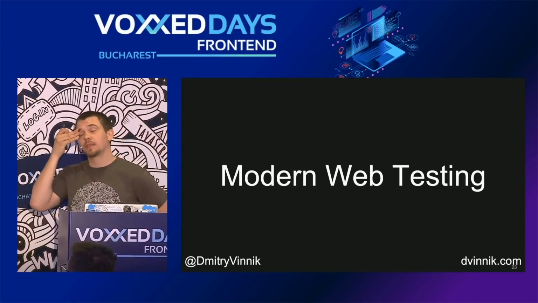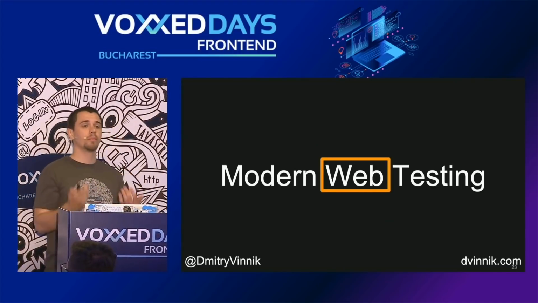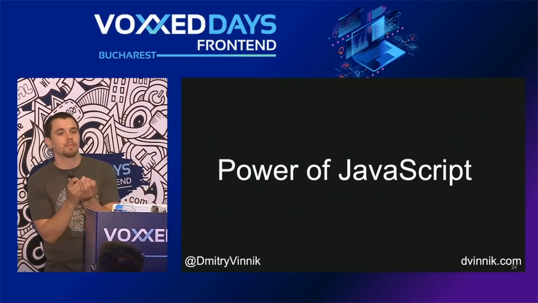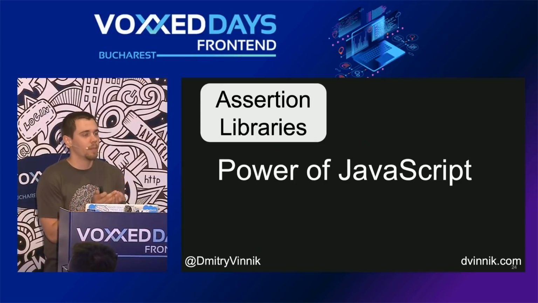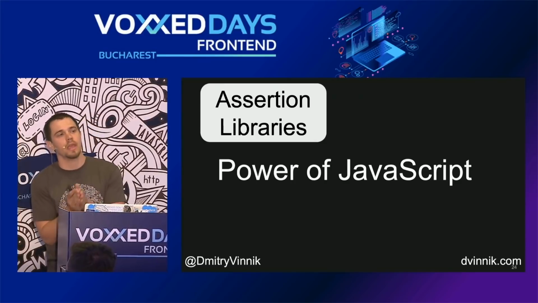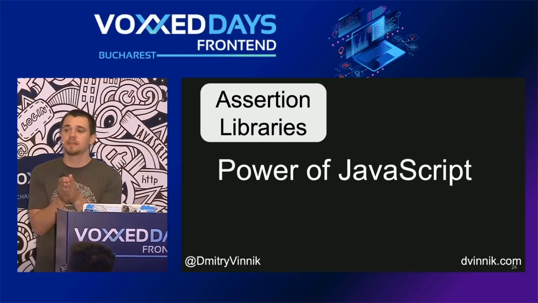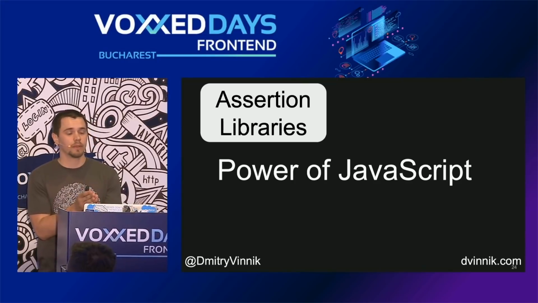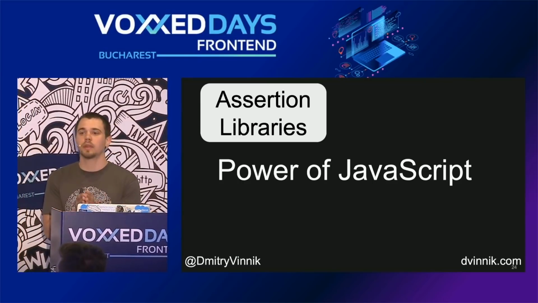I'm trying to highlight, just from the title itself, that I've called it modern web testing. When it comes to web, it's important to acknowledge the power of JavaScript. The fact that we have so many assertion libraries helps: if your test engineers today have mostly been writing tests on the back end, JavaScript makes it easy to go through the transition because the flow is the same. It's arranging the data, acting on it, and asserting on that data.